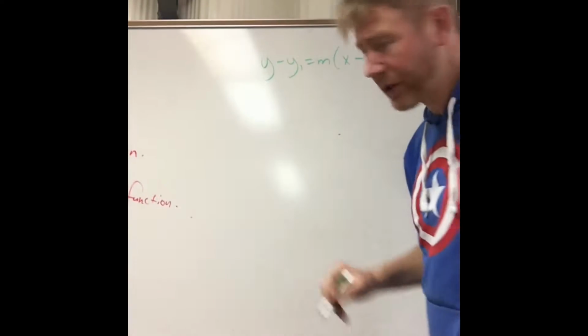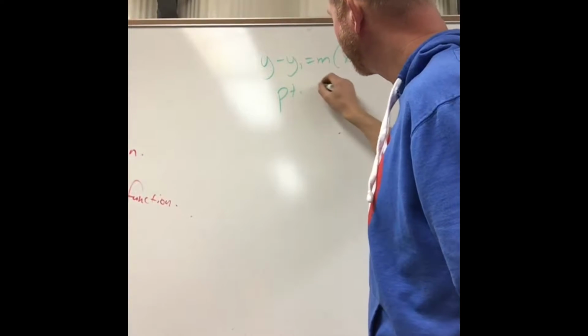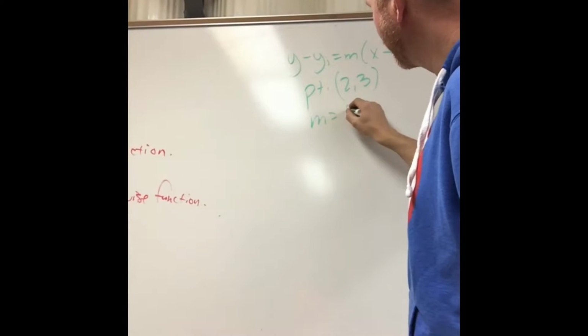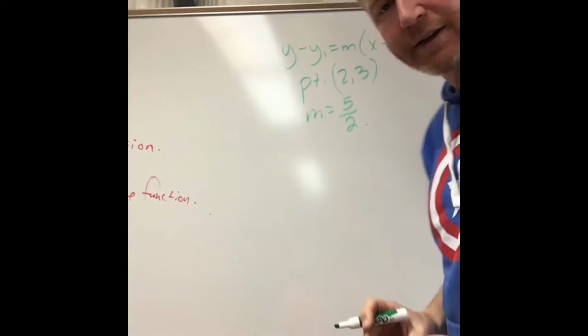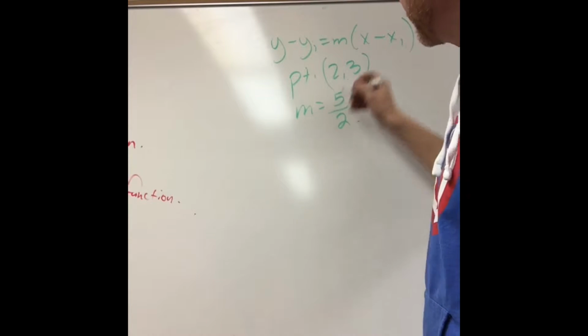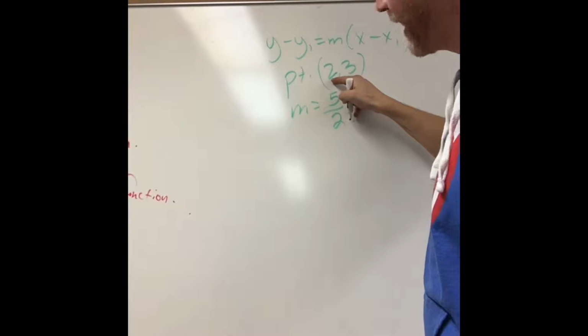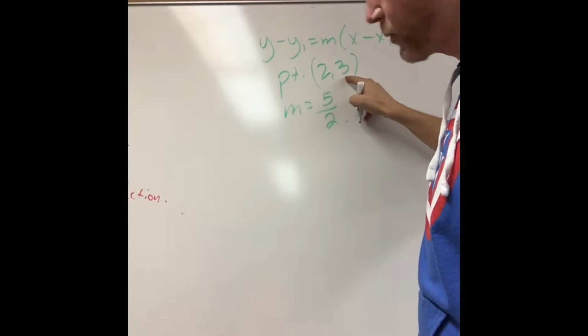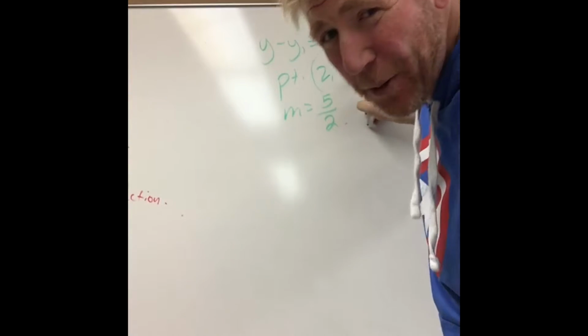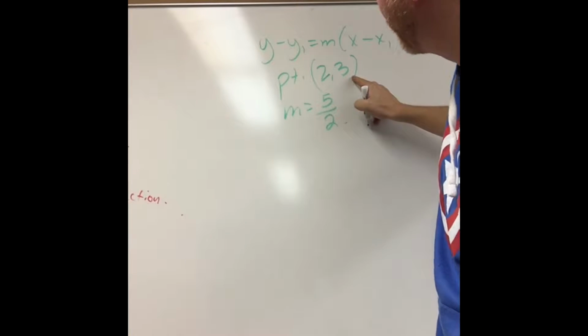But this is used when you're given a point. For instance, the point (2, 3), and the slope, let's say it's 5 over 2. So essentially this 2 is your x1, this 3 is your y1. 2 is your first x value, 3 is your first y value.